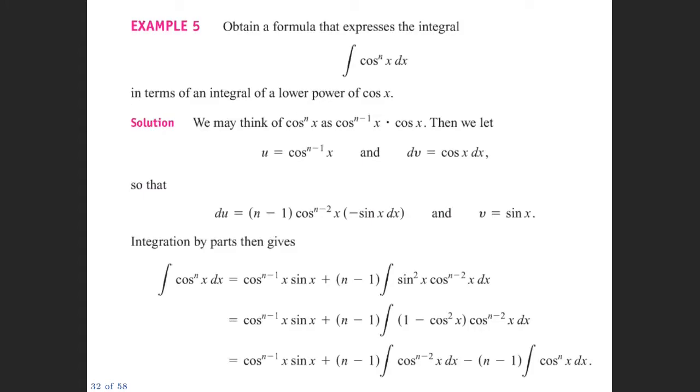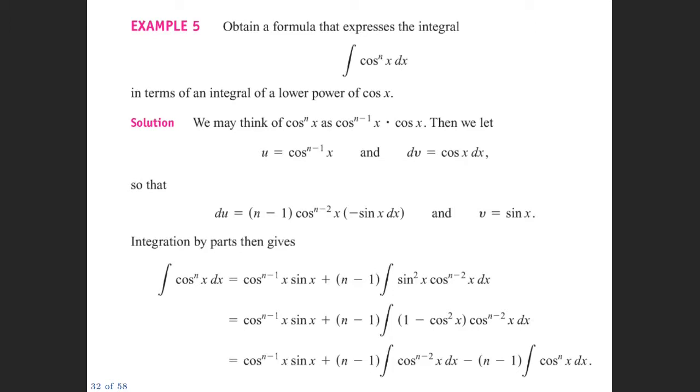Another example. Obtain a formula that expresses the integral of cos to the power n x dx in terms of an integral of a lower power of cos x. We want to use integration by parts.